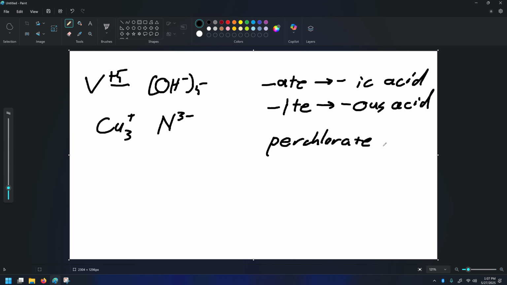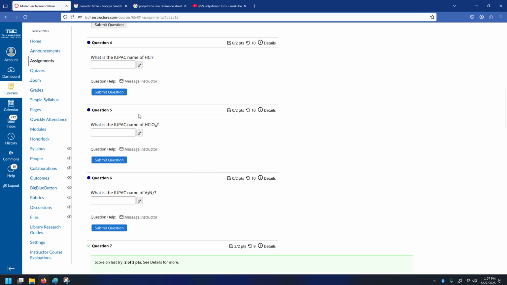Perchlorate was the polyatomic ion. I'm dropping the ate and replacing it with ic acid. And so the full name would be perchloric acid. Make sure you put a space in between the ic and the acid. So perchloric acid.